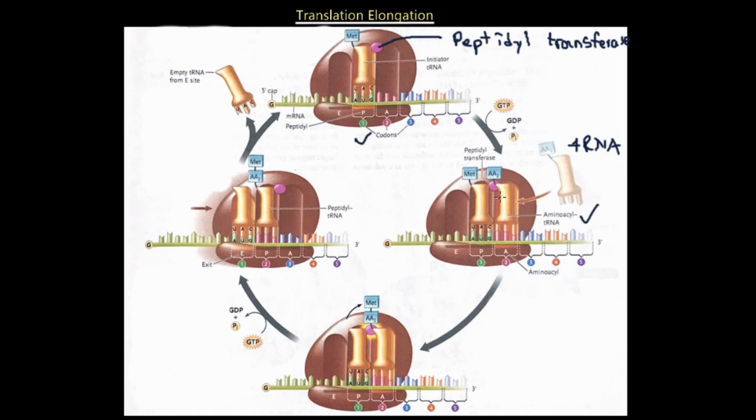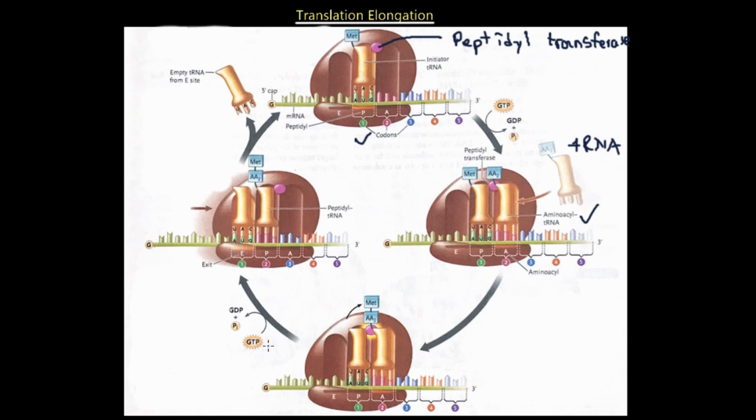And in this A site, once it binds, it's going to have the complementary pairing between the codon and the anticodon of it. And what happens is the peptidyl transferase is going to cleave the peptide bond on the P site tRNA, and it's going to translocate it to the A site tRNA.